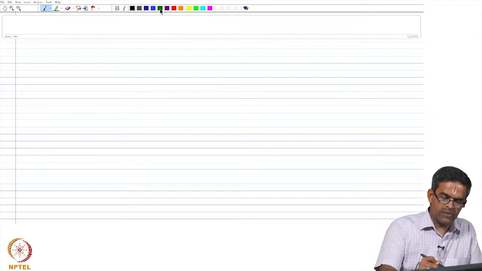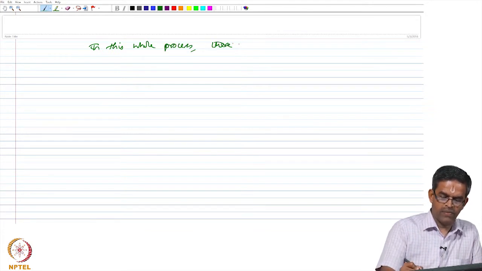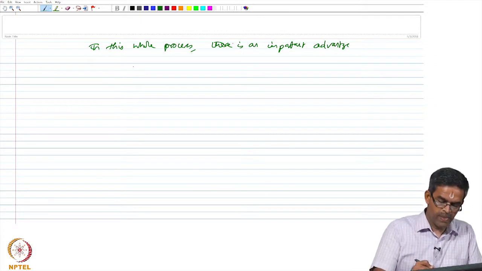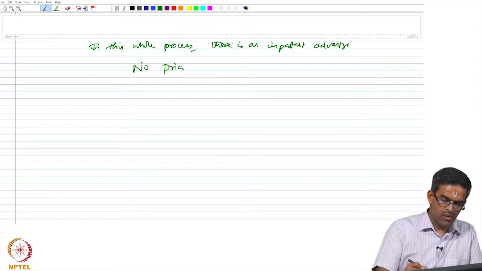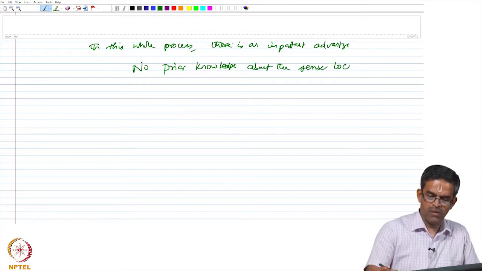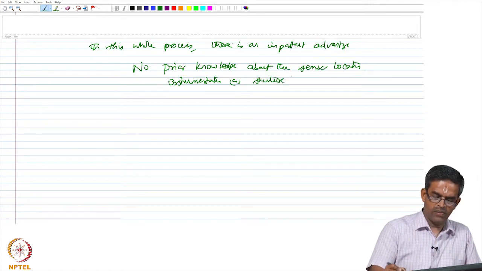Now, in this whole process, there is a great advantage. The advantage is no prior knowledge about the sensor location, instrumentation or structural details are required.